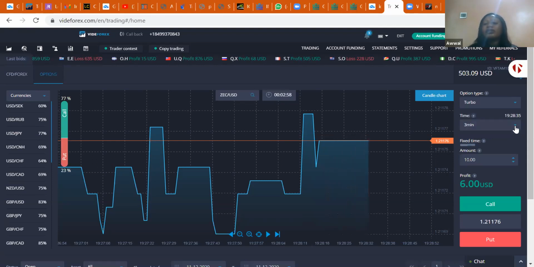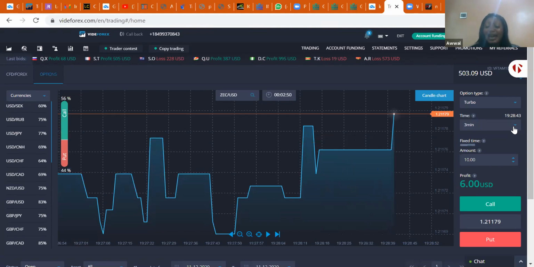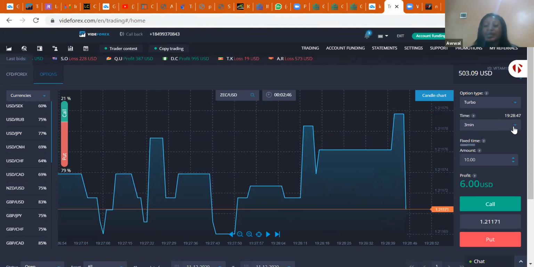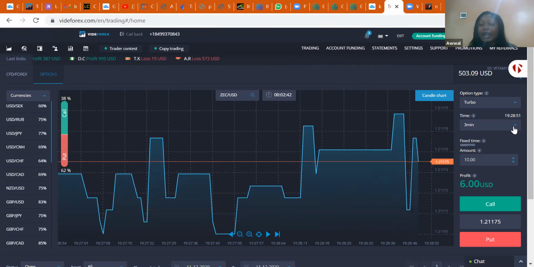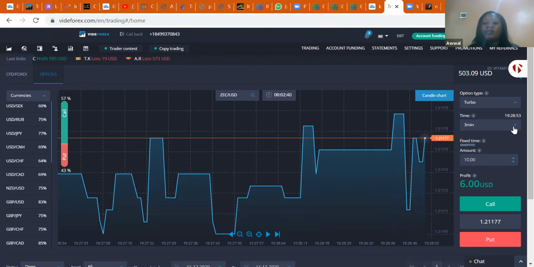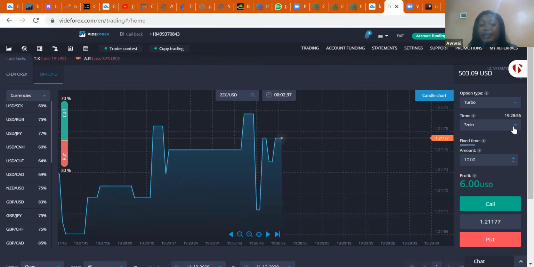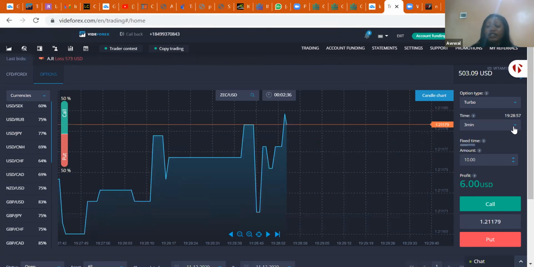All right, so now the time, like I said, means the space of time that you actually want to use to be in a trade. The shelf life of that trade. Do you want your trade to have a shelf life of 3 minutes? You want your trade to have a shelf life of 5 minutes.